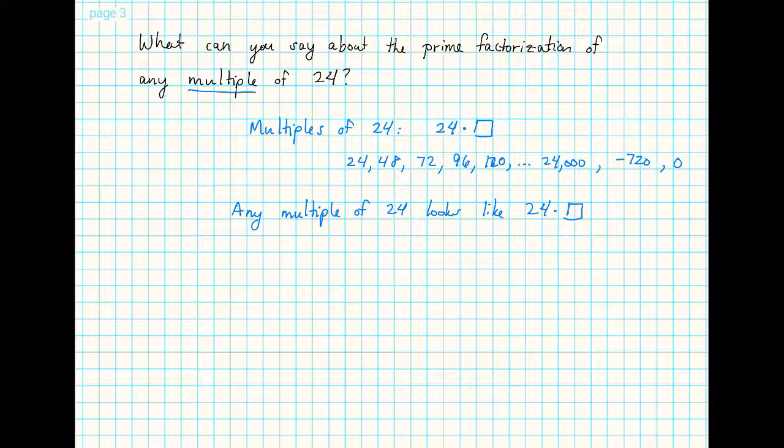And if I want to look at the prime factorization of this multiple, well, that's going to give me the prime factorization of 24 and the prime factorization of that number.